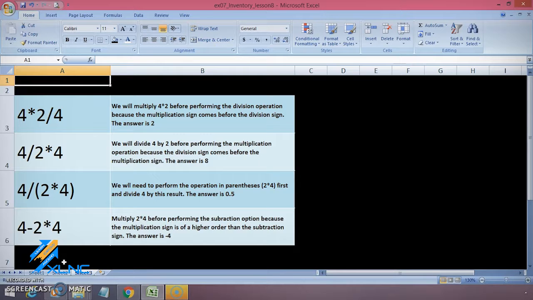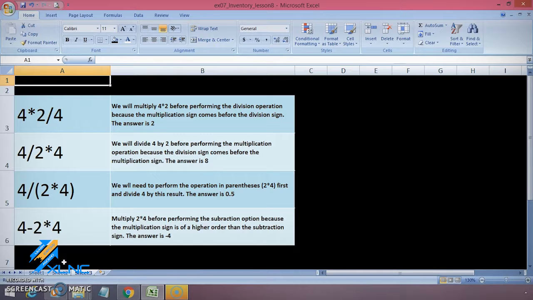The answer is 0.5. What about this one? Multiply 2 times 4 before performing the subtraction operation because the multiplication sign is of a higher order than the subtraction sign. The answer is -4.